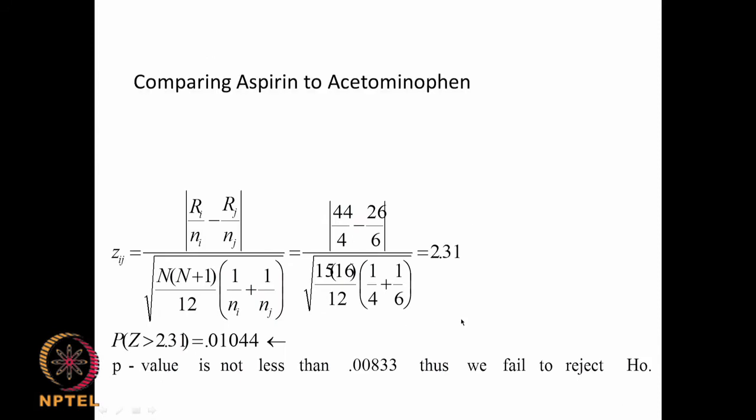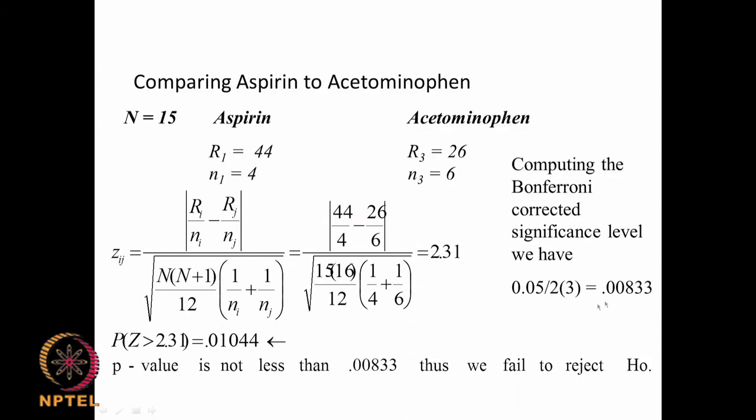So if you put them together, what do you get? The Bonferroni corrected significance level is 0.00833, and the statistic you get is 0.01044. So obviously this is much larger than this, there is no reason for you to reject the null hypothesis. Do you understand how this is done?